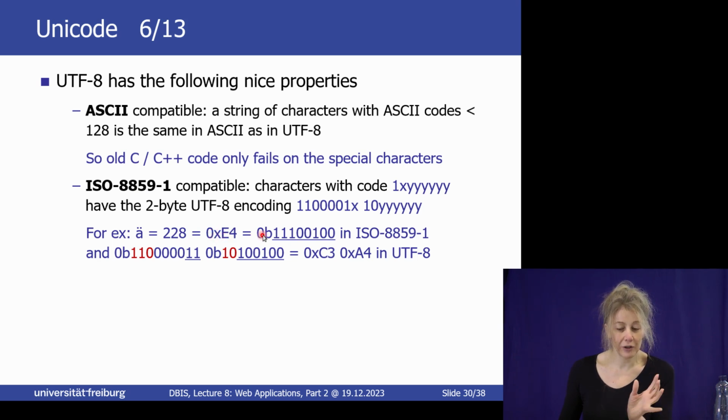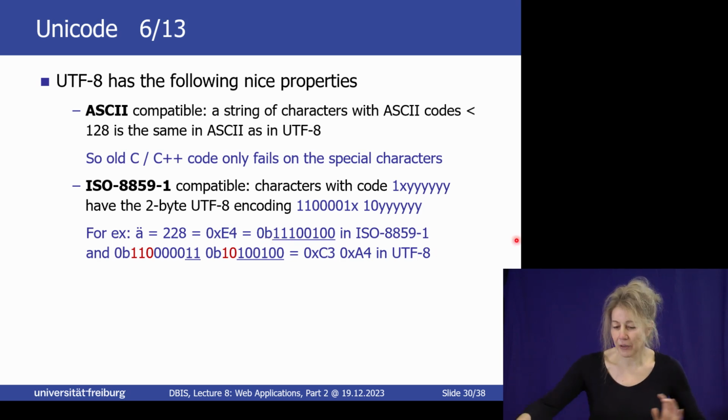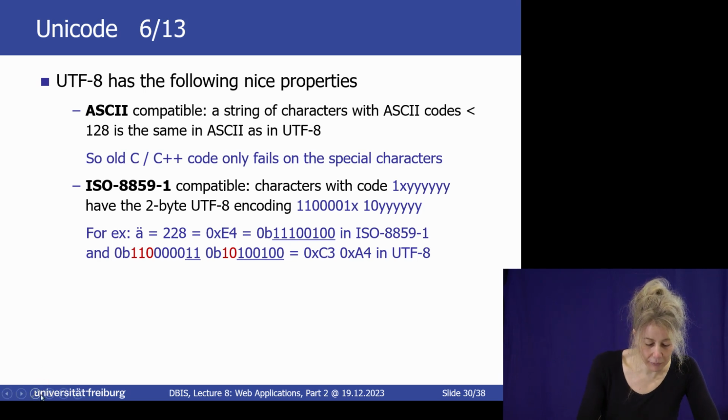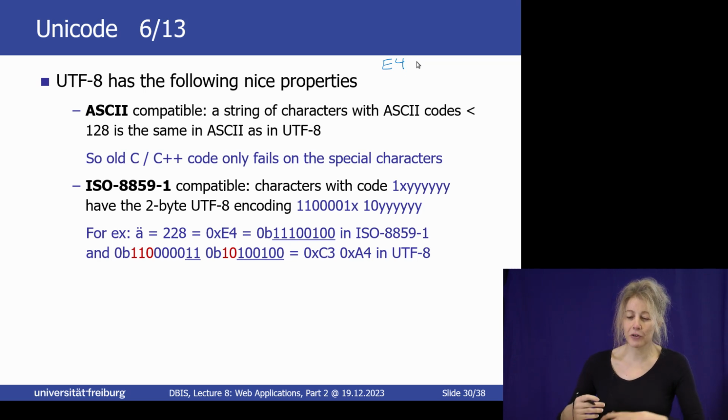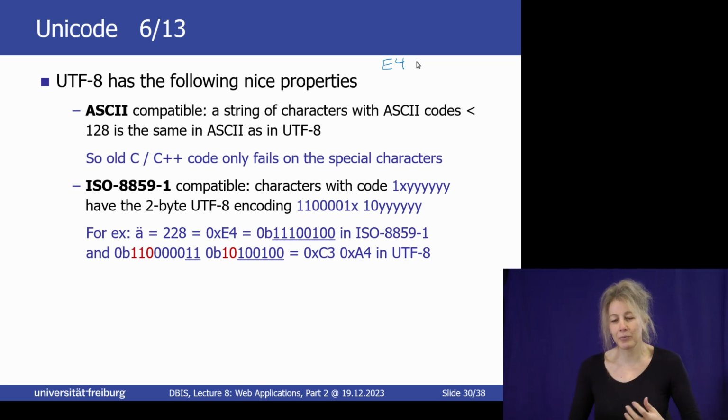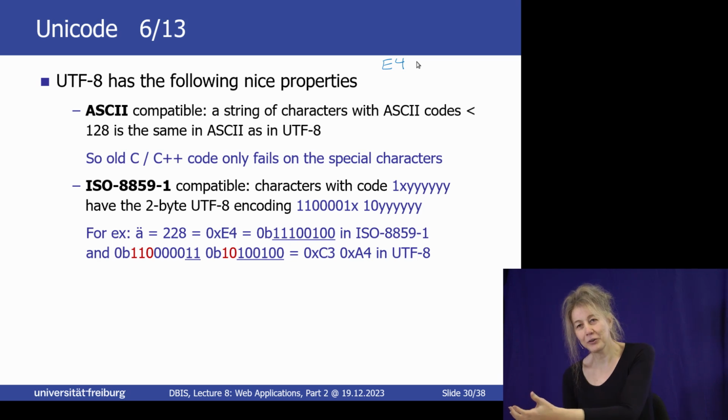It's E4. If you write this in binary, let me show you this one thing because it's a typical exam question, or at least part of an exam question. And you should absolutely know this as computer scientists. In case you didn't, now is the time: converting hex to binary. What is E4? Below you have the result, but let's do this anyway. E4 in binary. This is hexadecimal. You could first convert it to decimal.